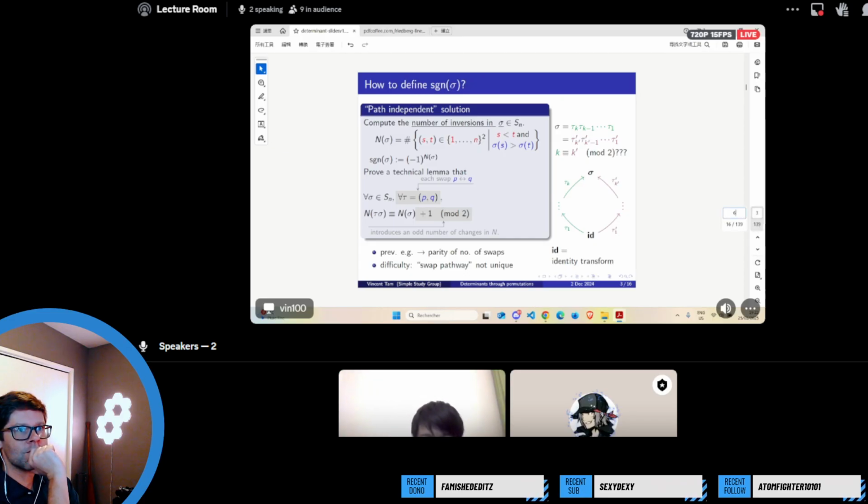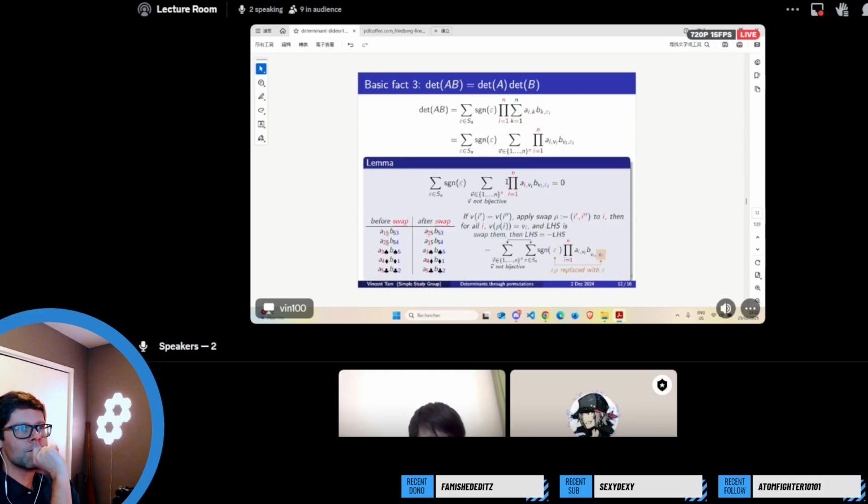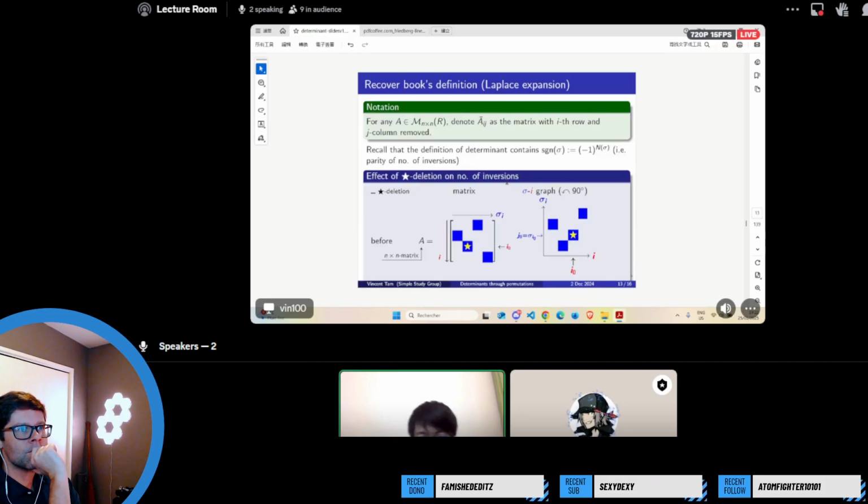Let me see. This one. So here, this is a sigma I graph, and then each inversion is actually corresponding to an occurrence of, how can I make it draw here?